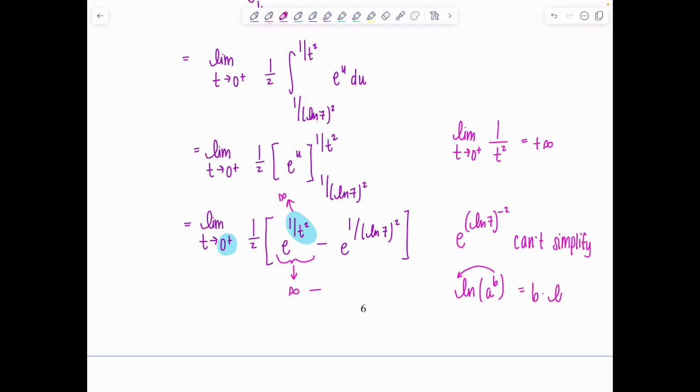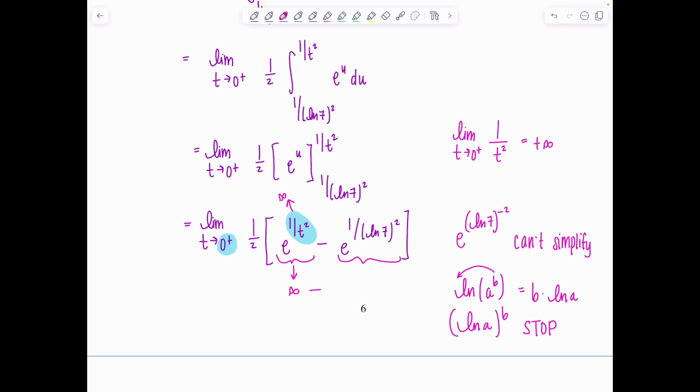That's b times natural log of a. What you cannot do is if you have natural log of a and that whole thing's raised to the b, stop, don't touch. Otherwise, the math police are going to come snatch you up. Okay? So it's not the time to be creative when you're dealing with natural logs. Don't be like, I'm going to make a new property. I'm so sorry. No.